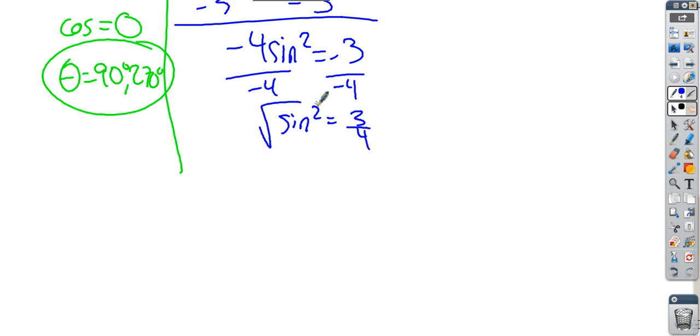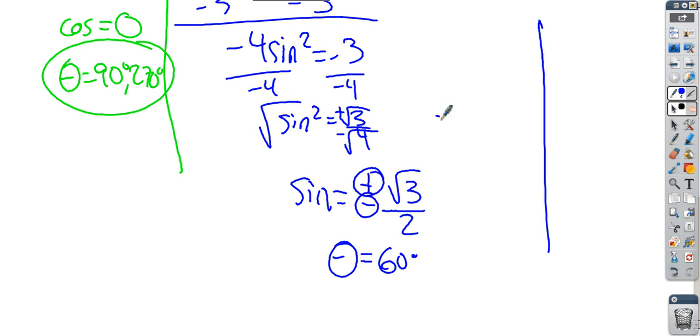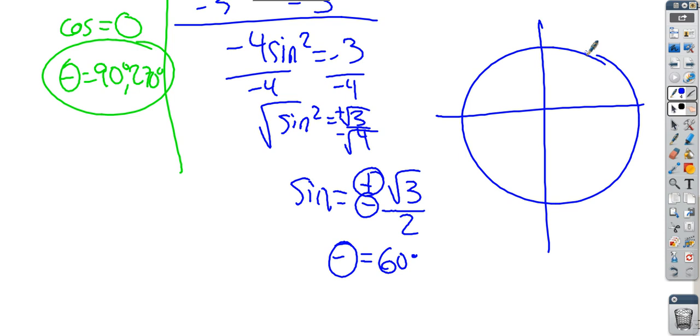Well, we need to square root it, and we'll square root this and put a plus or minus in front. The sine equals plus or minus radical 3 over the square root of 4, which is 2. So in our chart, the angle that has a sine of radical 3 over 2 turns out to be 60 degrees. But remember, it's both plus and minus here, so there's actually going to be 4 solutions to this, and I'll show you where they all are.